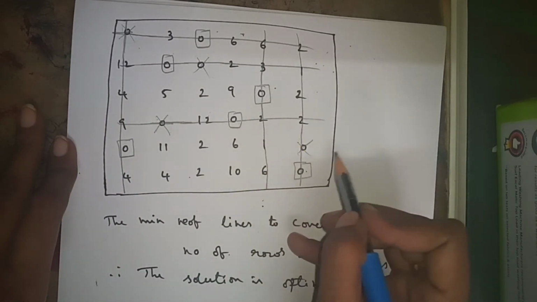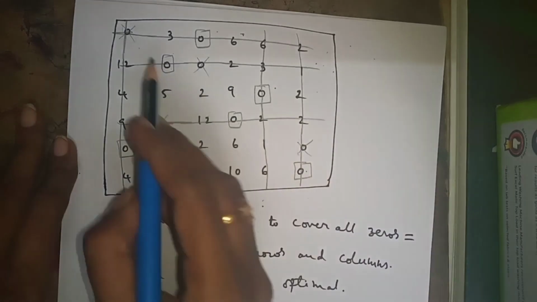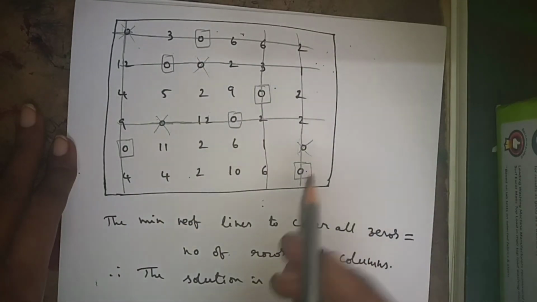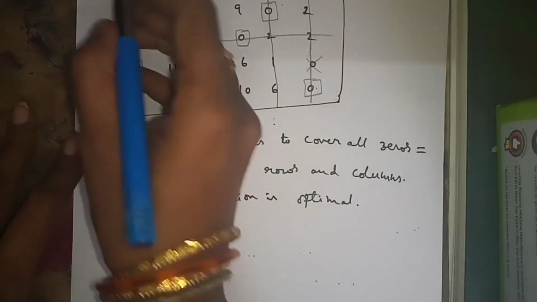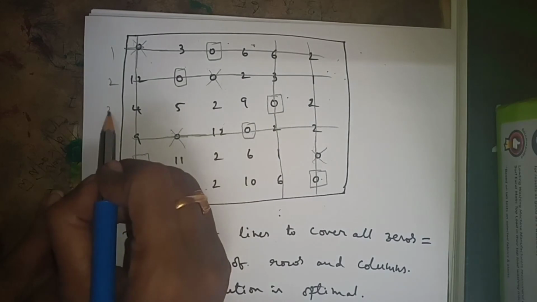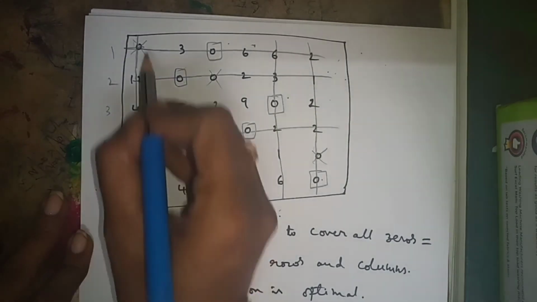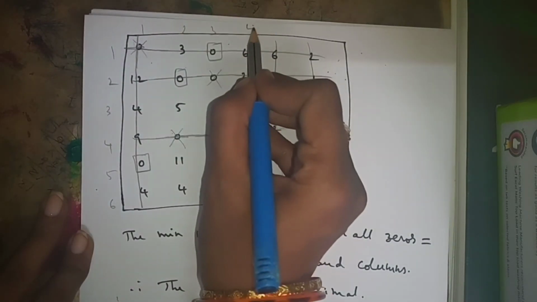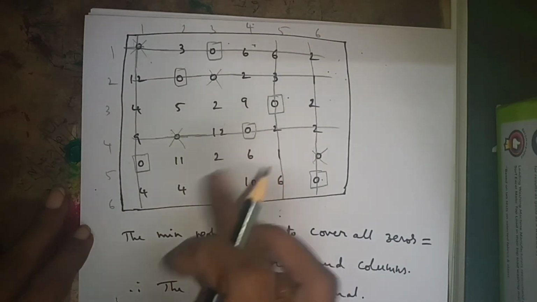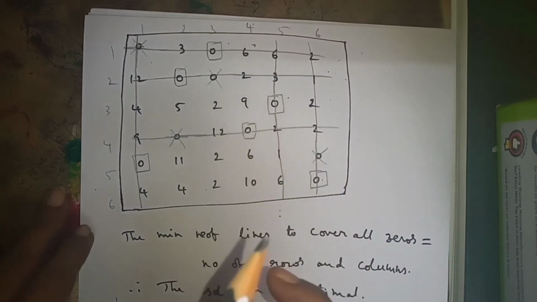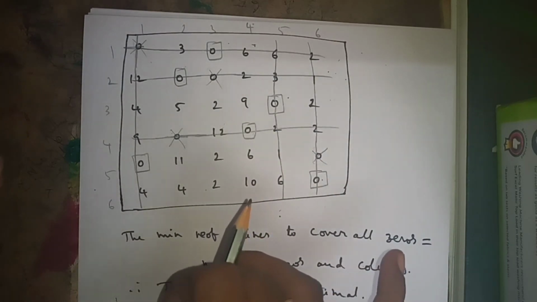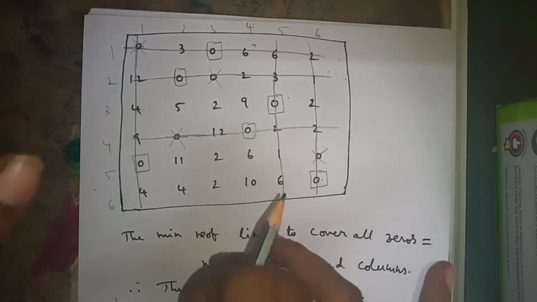That's why we cannot count this one, only this one. 1, 2, 3, 4, 5, 6 assignments. Now 1, 2, 3, 4, 5, 6 rows. 1, 2, 3, 4, 5, 6. We have to draw one box in any row or any column in such a way that there should be only one box in any row or column.